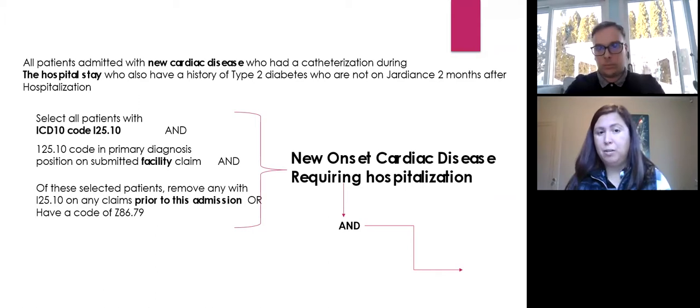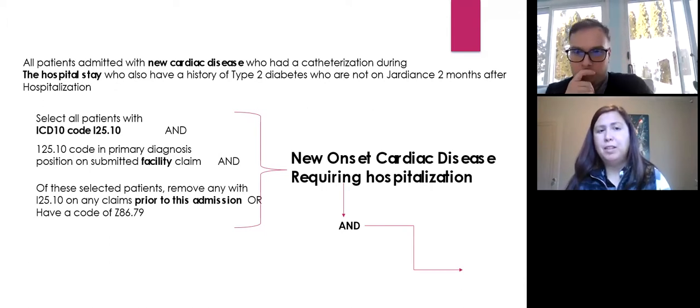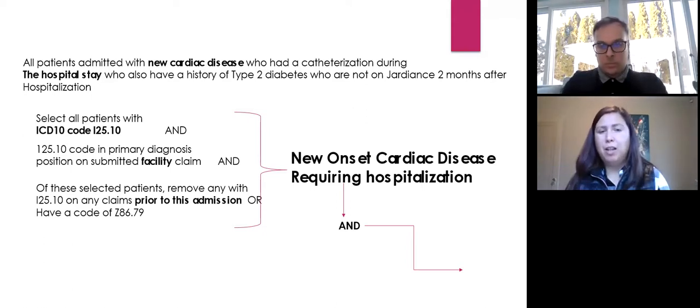And of course, we're not done, because we have the new component of this. So how are we going to establish new disease? Well, we're going to use that diagnosis code, look at that hospitalization, and say, anybody who had that diagnosis code prior to the hospitalization is not included in the new cardiac disease.